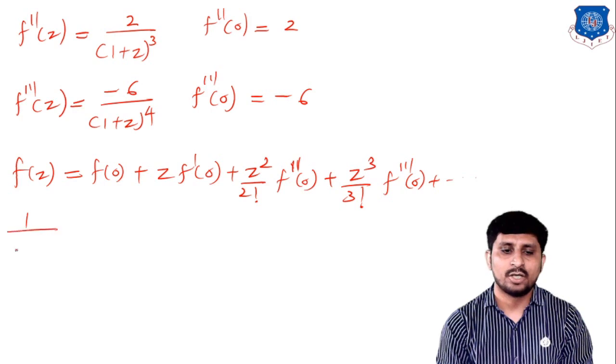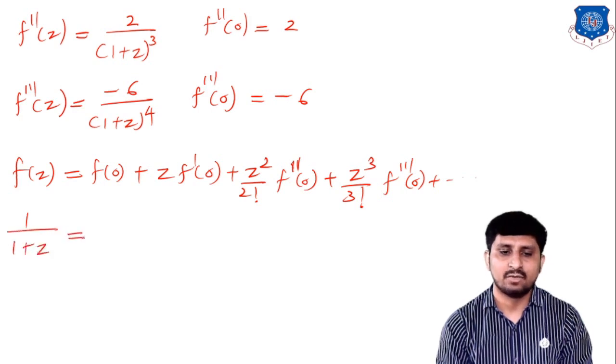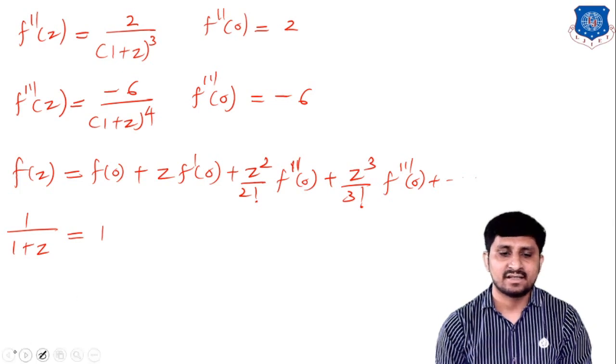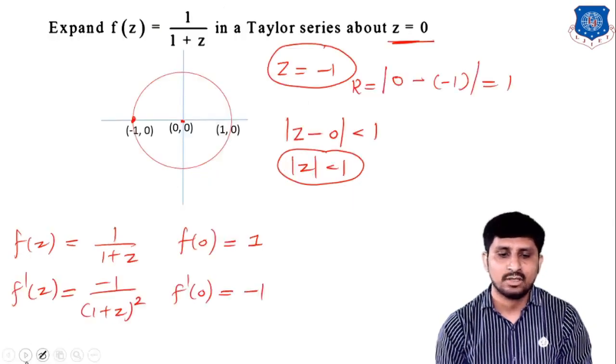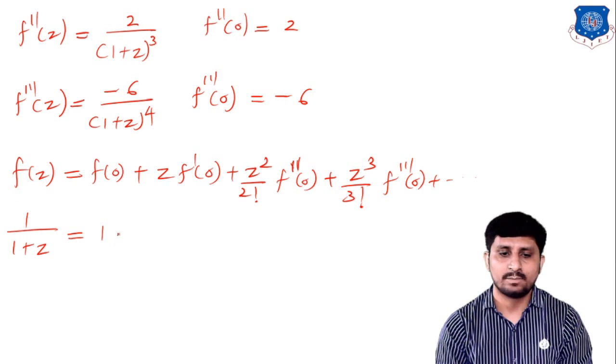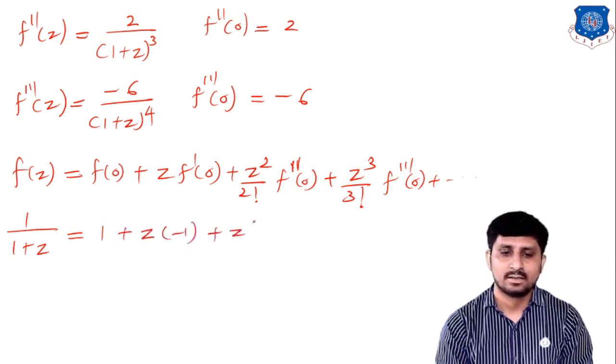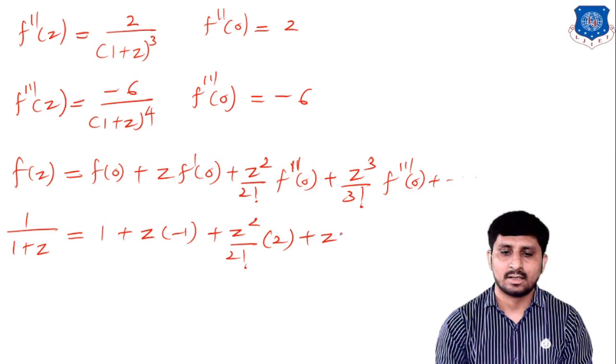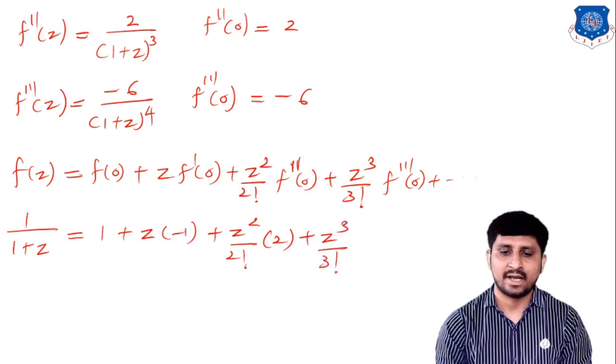So 1 upon 1 plus z is equal to f of 0, that is 1, plus z into f dash 0, that is minus 1, plus z square by 2 factorial into f double dash 0, that is 2, plus z cube by 3 factorial into f triple dash 0, that is minus 6, and so on.